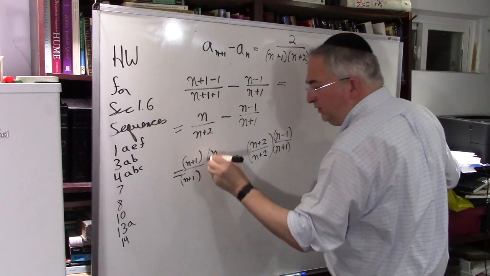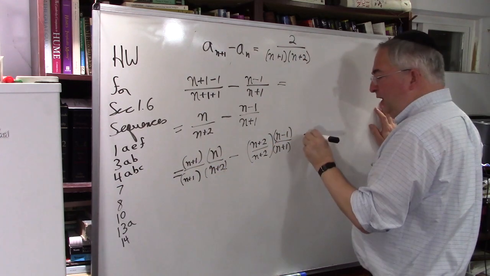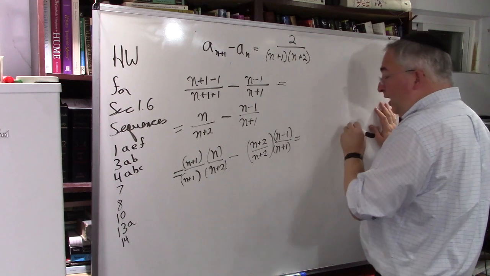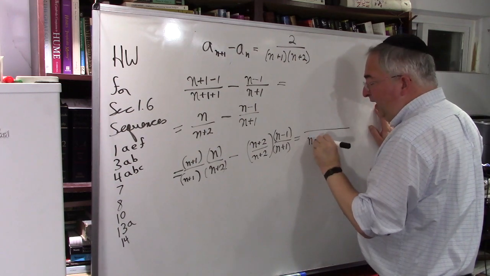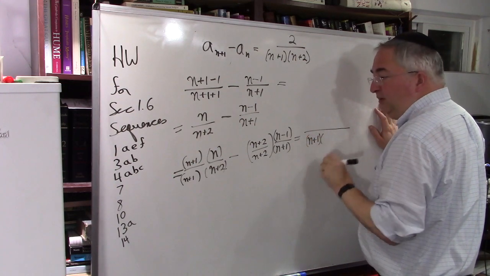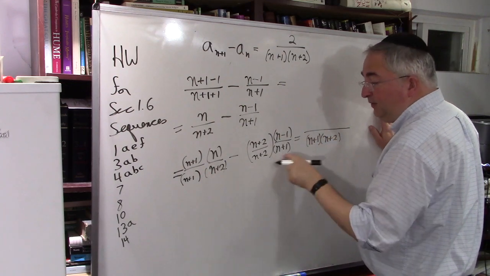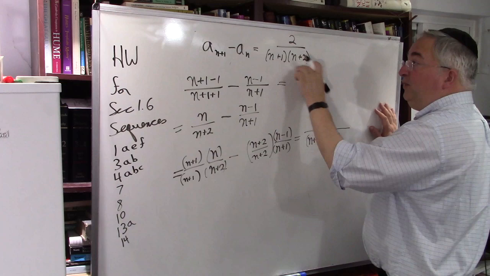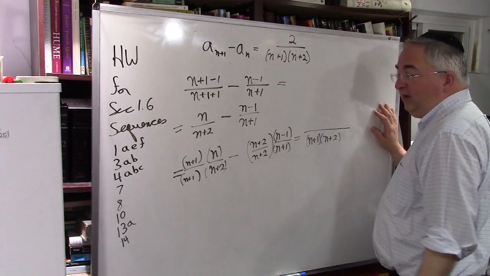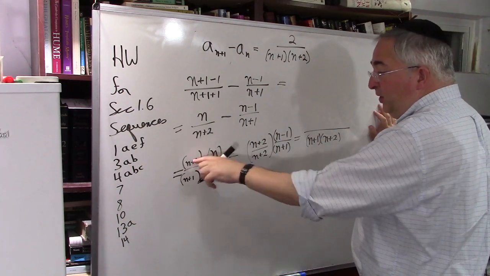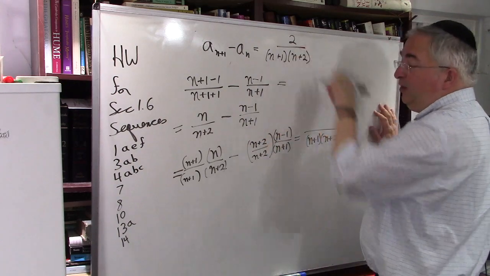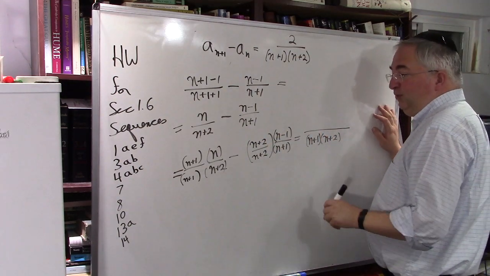Let's just put this in parentheses. Okay, so what is this equal to? On the bottom, you have n plus 1 times n plus 2. They're the same. Okay, and by the way, that's exactly what we wanted here. Now let's multiply this out and multiply this out and hope that the answer is 2. Let's pray. You ready?